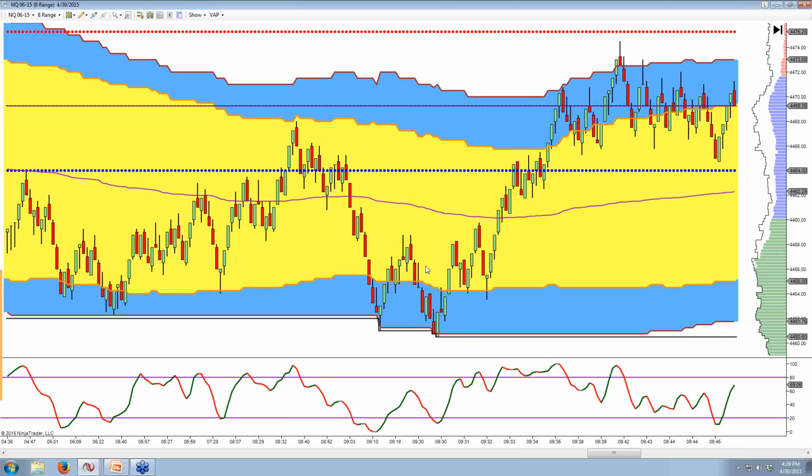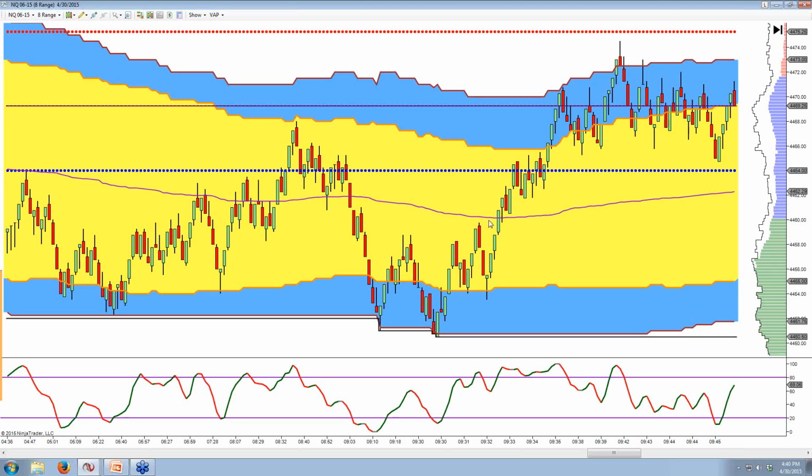So places that you can take trades are, you can take them as price is breaking out of the fair value area. You can take them as it's trading into the fair value area. Now, I generally won't take it right as it's coming into the fair value area unless I have divergence, and then I will take it. You can trade it as it's breaking out above the second high value area.